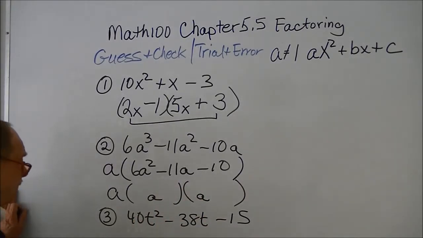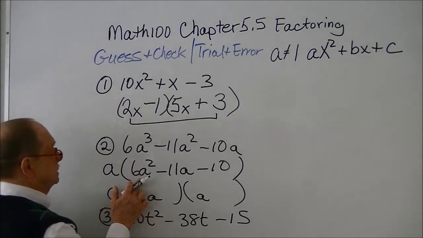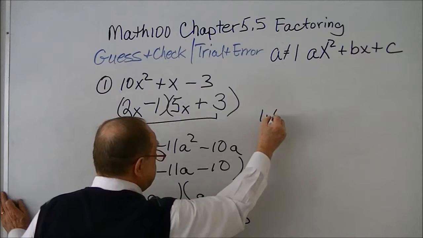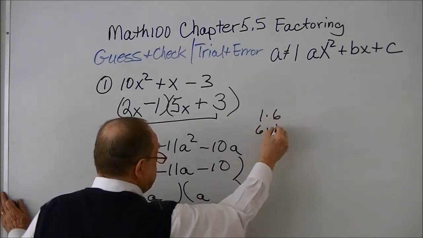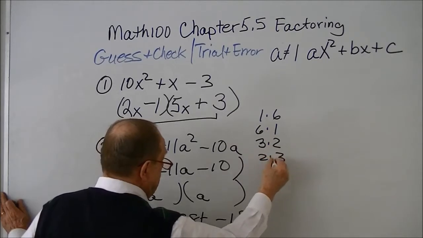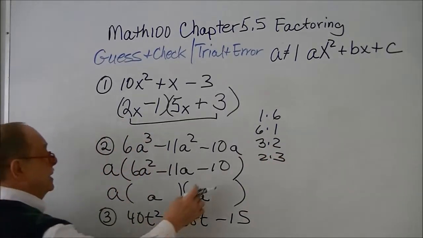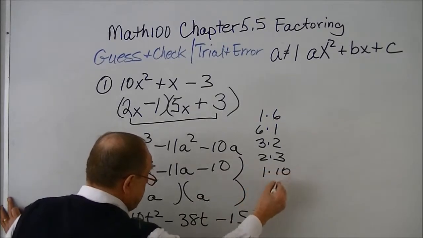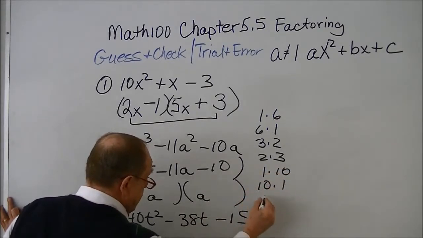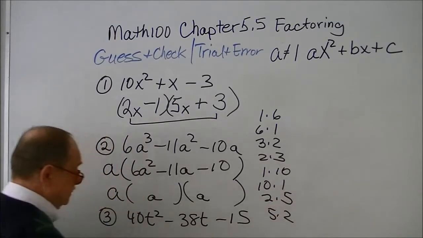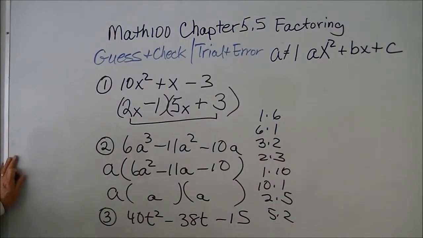Now we have a 6 here, and the factors of 6 are 1 and 6, 6 and 1, 3 and 2, 2 and 3. And the factors of 10 are 1 and 10, 10 and 1, 2 and 5, 5 and 2. Wow.